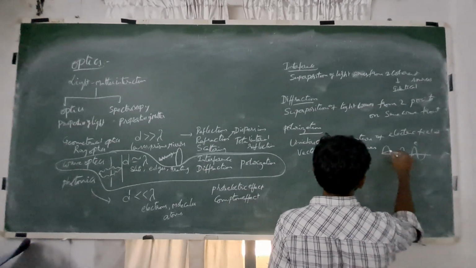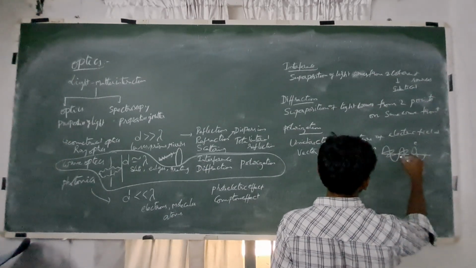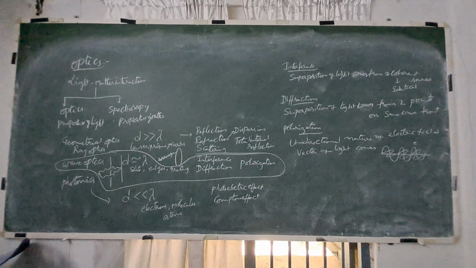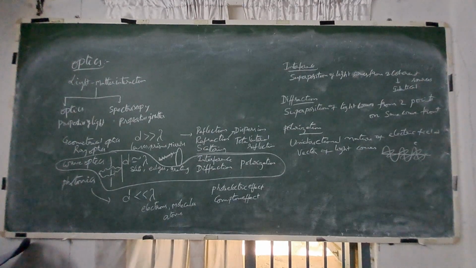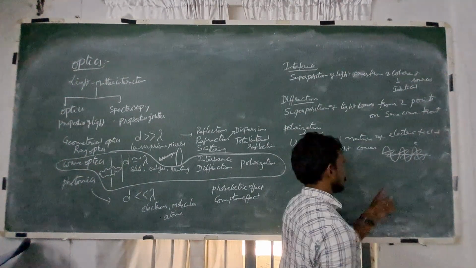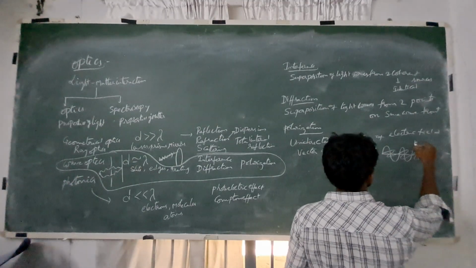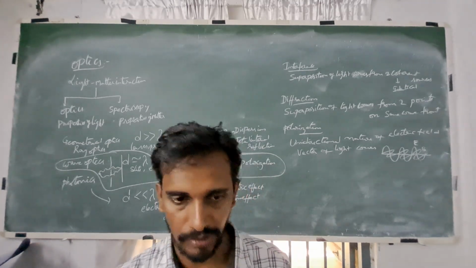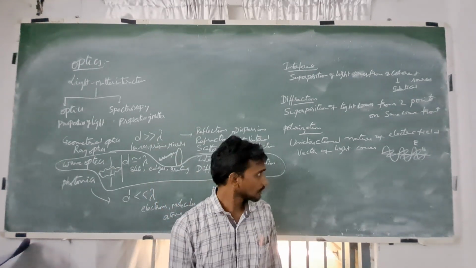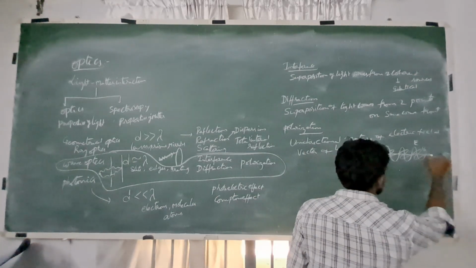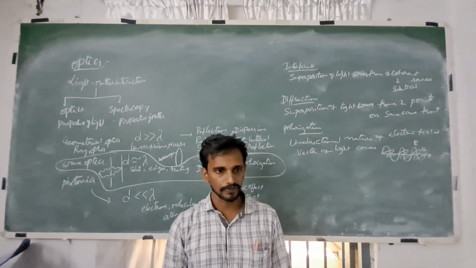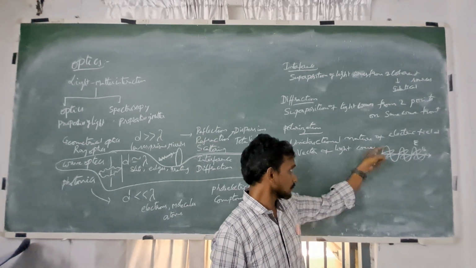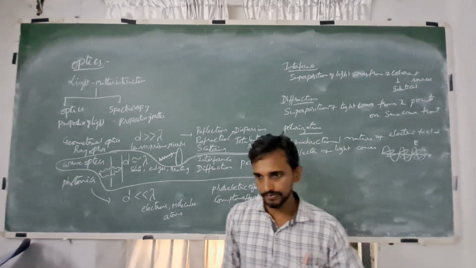Let's say this is the electric field and this is the magnetic field. So this is an electromagnetic wave where electric field and magnetic field vectors oscillate in mutually perpendicular directions and perpendicular to the direction of propagation of light.